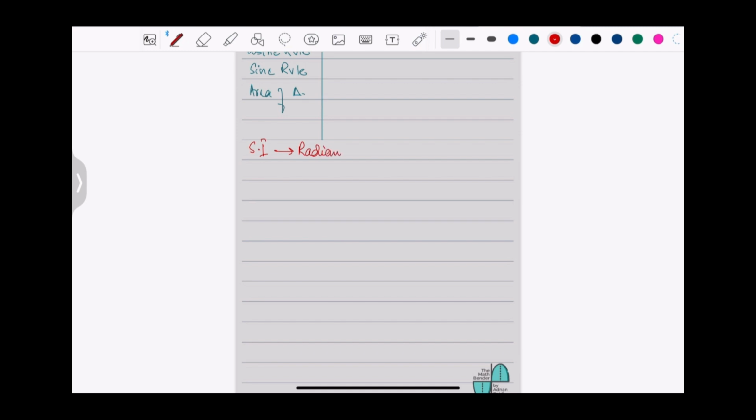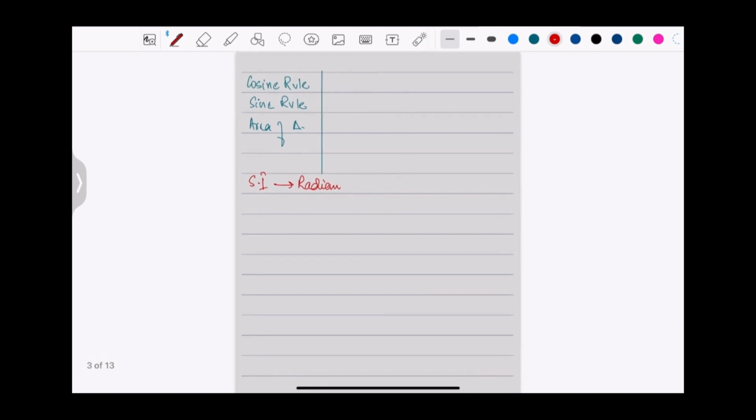This is the SI unit to measure angles, and the conversion between degrees and radian is such that 180 degrees represent pi radian, where pi is 3.142. I can convert any ratio in that.